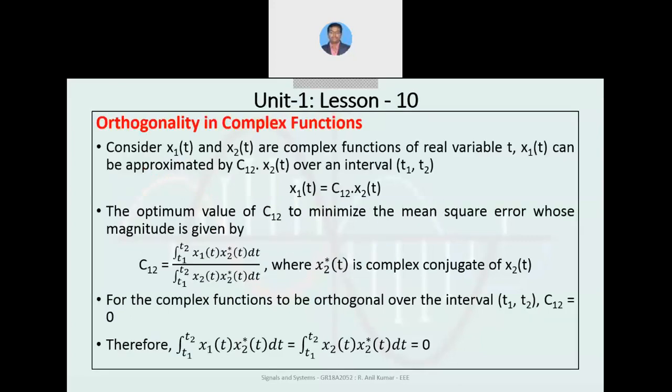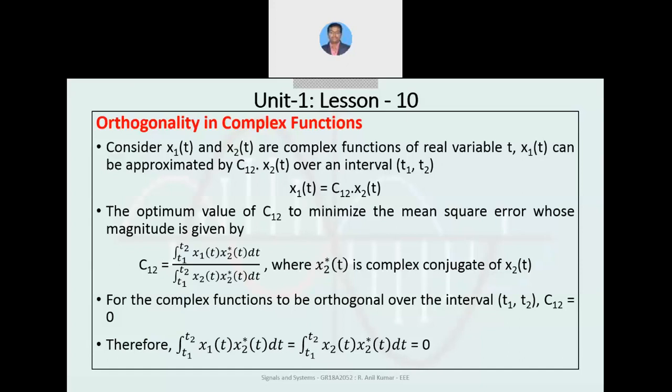So consider x1 of t and x2 of t are two complex functions of real variable t. x1 of t can be approximated by c12 times x2 of t over an interval t1 to t2. As we already discussed, this is expressing a signal in terms of another signal.